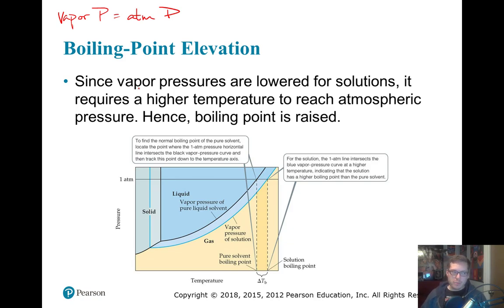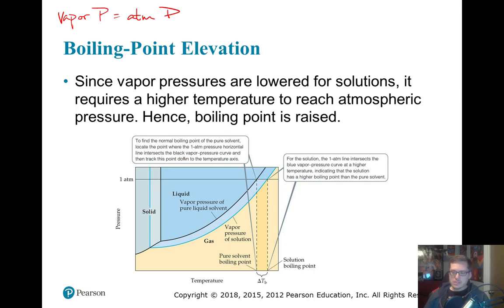So it's going to take more energy, so we're going to be at a higher temperature. So boiling point goes up when we add a solute.